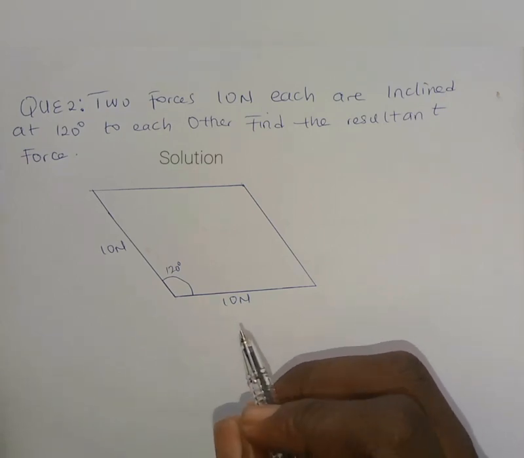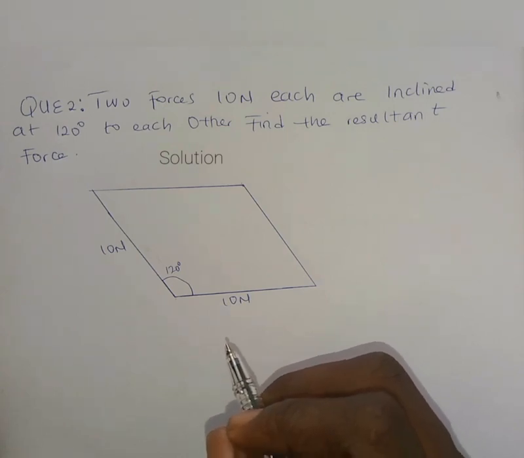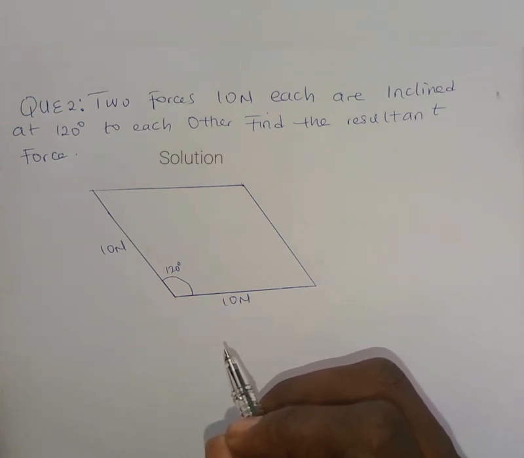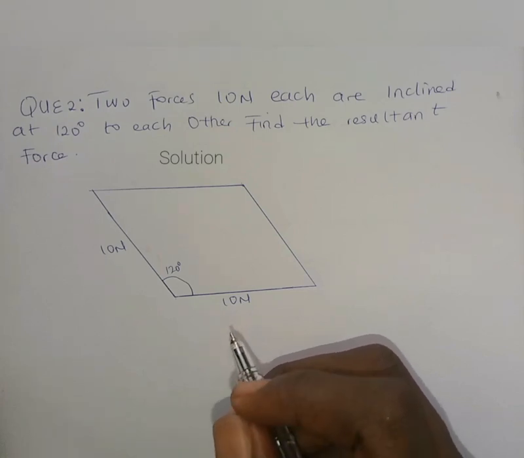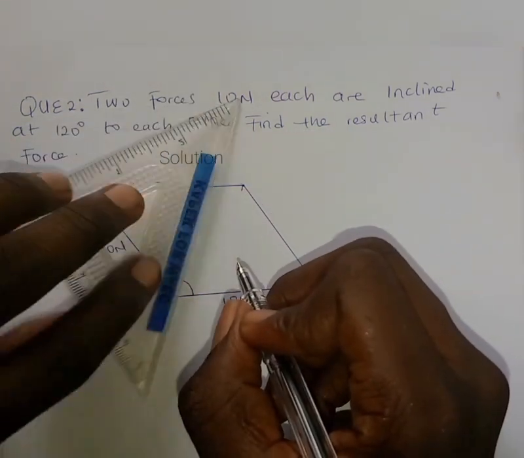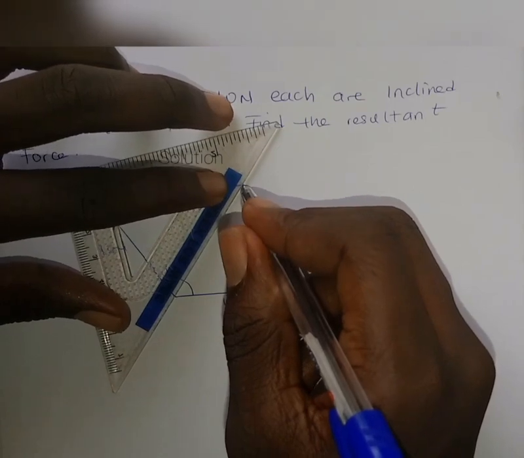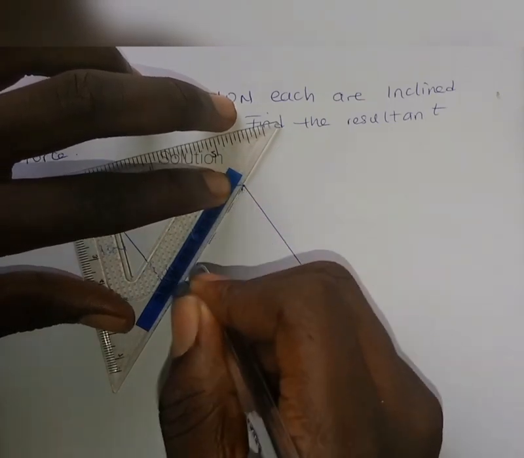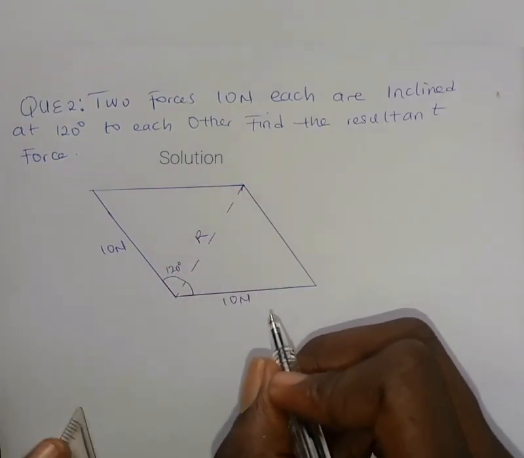When you are representing force on a parallelogram, you should take note that the resultant force is represented by the diagonal. So now let me draw the diagonal of this. So my resultant occurs at this place.